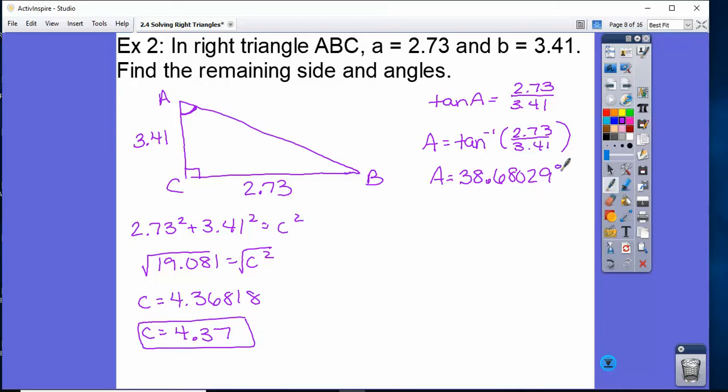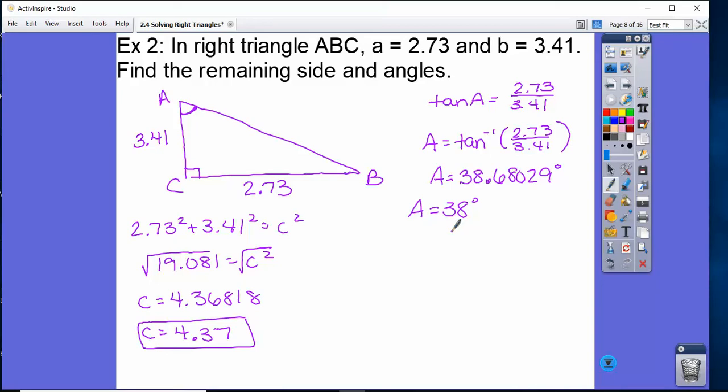There is a section of problems on the homework where it's going to tell you on a problem like this, it wants you to give your answer in degrees and minutes. If I asked for this in degrees and minutes, that would be 38 degrees. How do you get the minute portion? The decimal times 60.